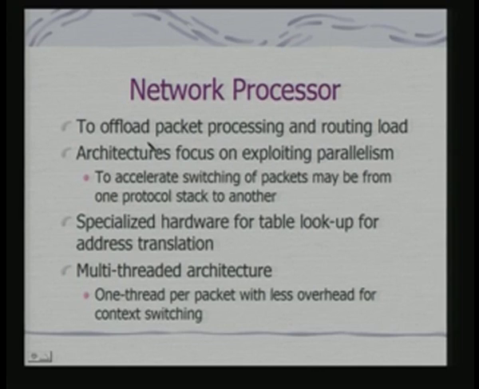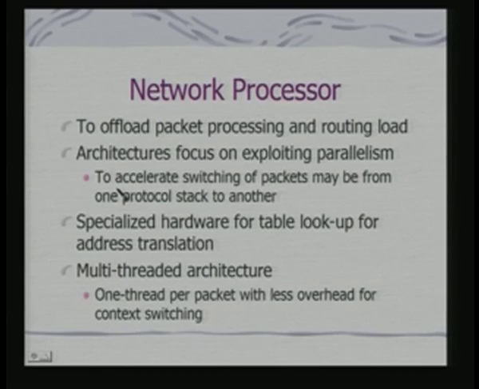You may also find that a general purpose computer may have a network processor card which is functioning as a router, so your main processor may be offloaded of this task. Also, you can have standalone routers.